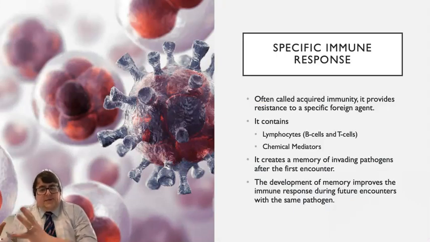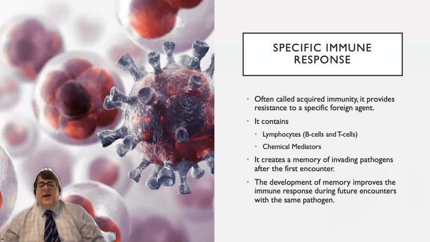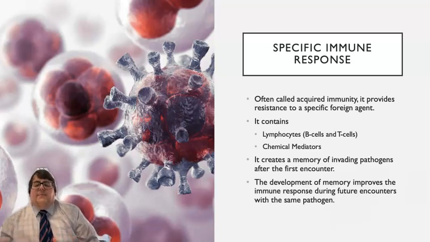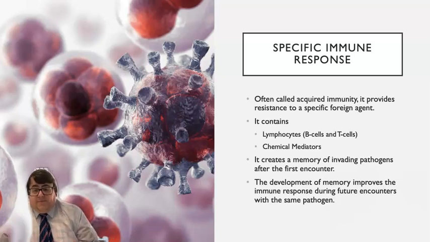So, specific immune response, we're not going to cover this much in detail, I'm just explaining what it is. This is, again, often called acquired immunity. This is how our body provides resistance to a specific foreign agent. So it responds specifically based on the pathogen that's invading your body. This is like our second line of defense once the first line of defense hasn't worked. It's made up of lymphocytes, B and T cells, which we'll talk about later, and chemical mediators.